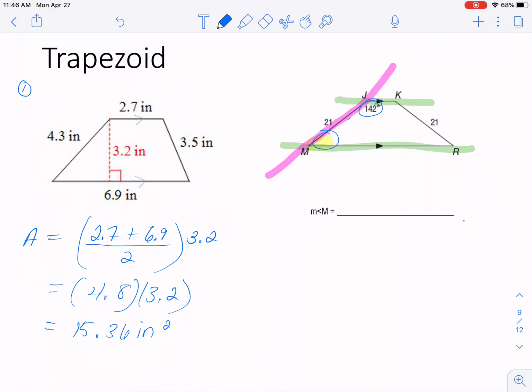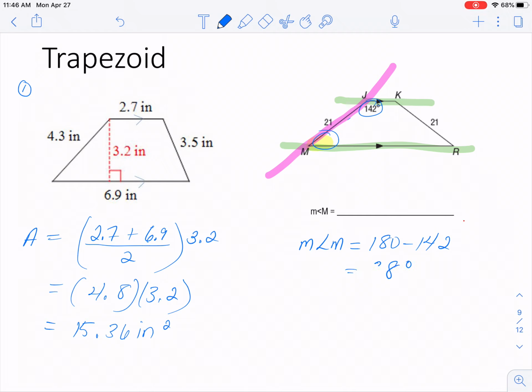You're right, they should add up to 180. So measure of angle M is equal to 180 minus 142, which is 38 degrees. You're right, it's not 33.